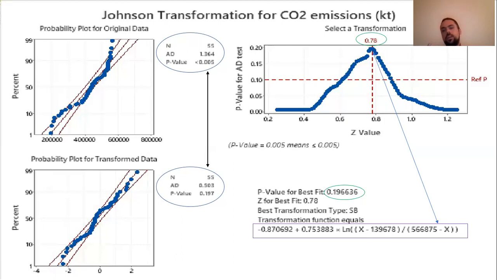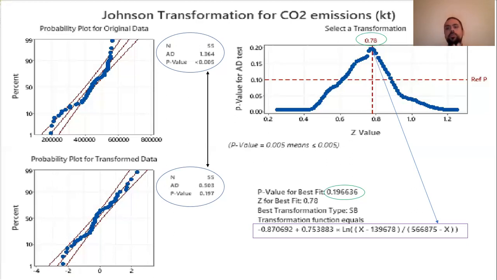0.25 and 1.25. This z value is divided by the distance of 0.01. It means that 0.25, 0.26, and after that, the equation is created for each of them.